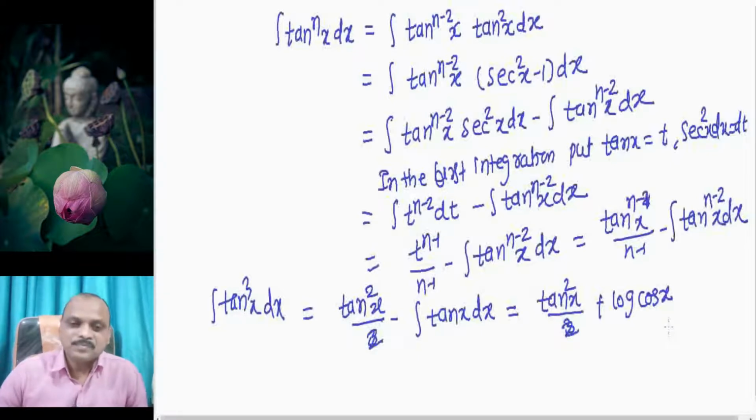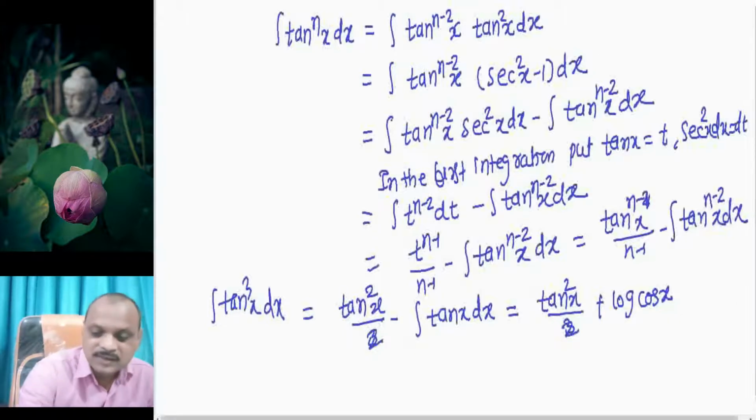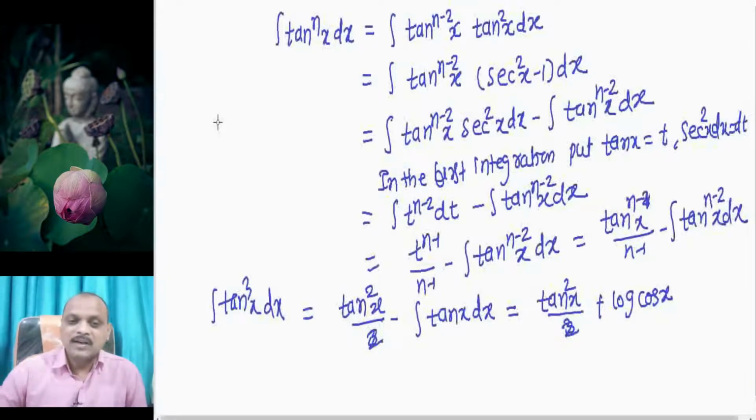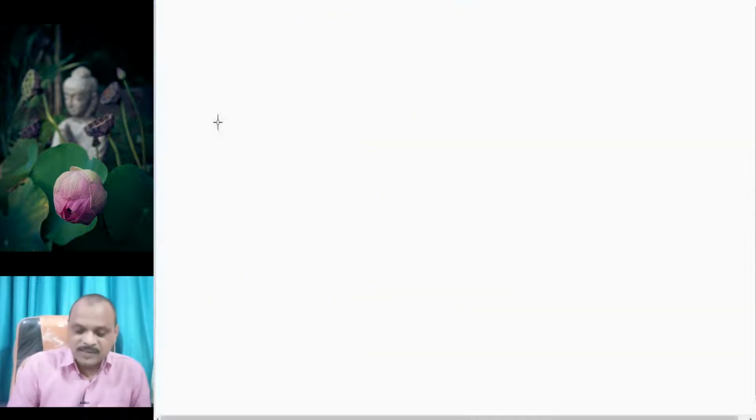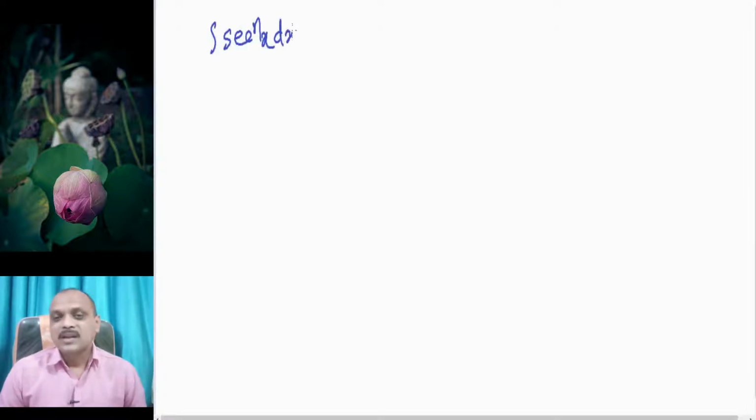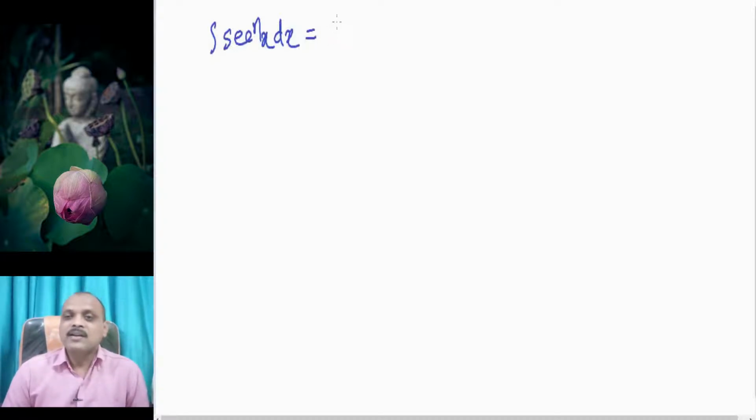Okay, let us move to another important reduction formula, and that formula is about sec raised to n x into dx. A similar formula will be obtained regarding cot raised to n x, and that will be homework for you.